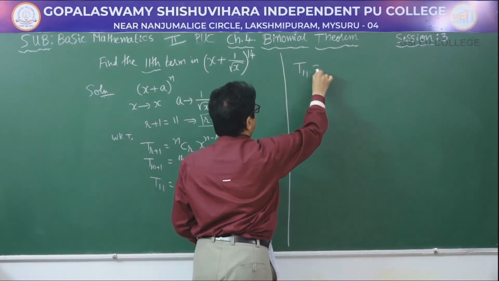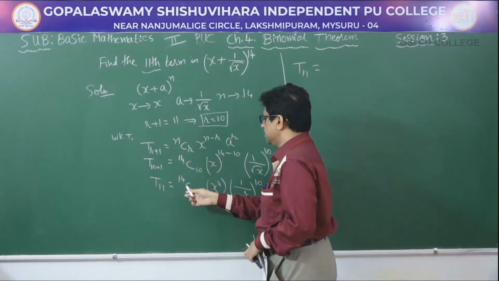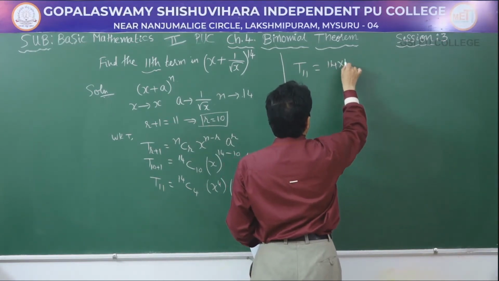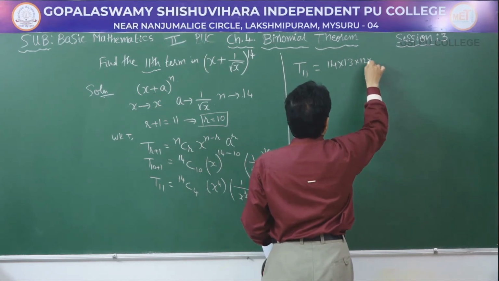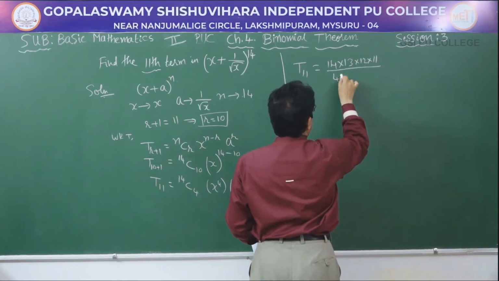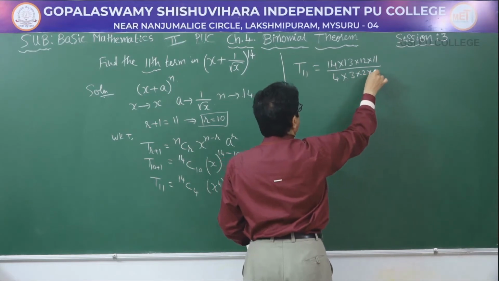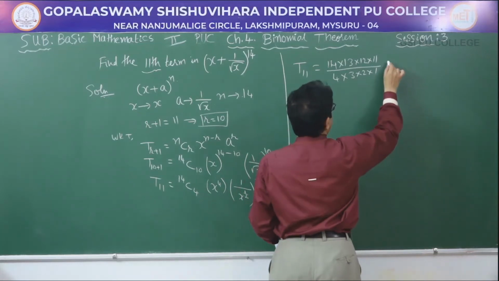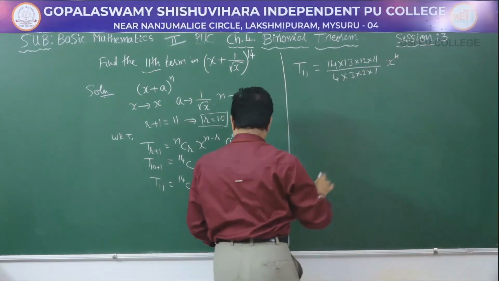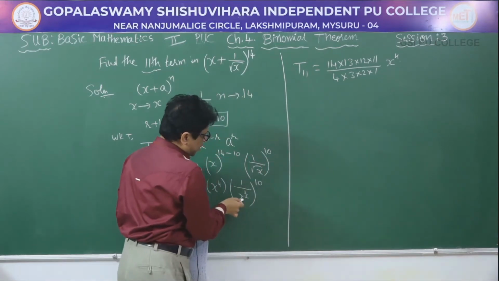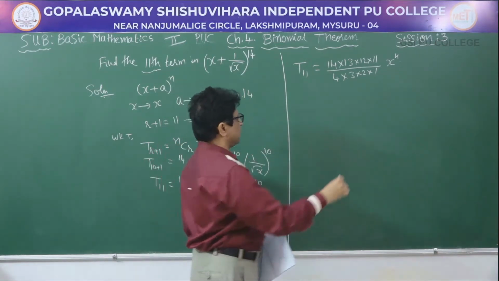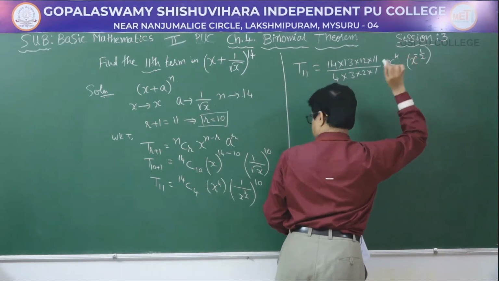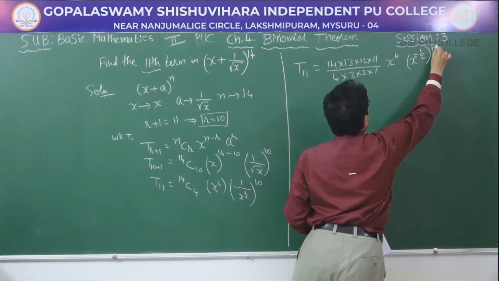So, T11 is equal to 14C4 is 14 into 13 into 12 into 11 divided by 4 into 3 into 2 into 1 into x power 4 into 1 by x to the power of half can be written as x power minus half, that is x power minus half whole power 10.